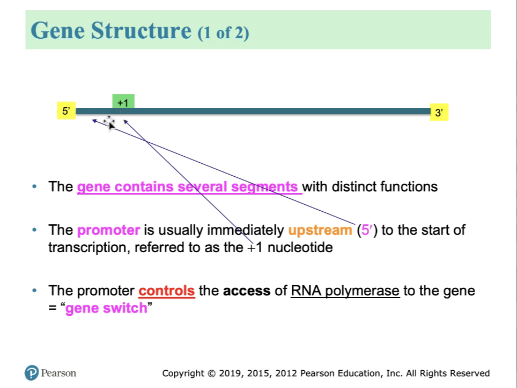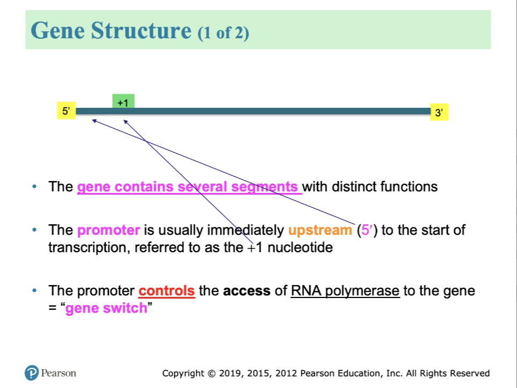The important thing is that the messenger RNA is made from a particular location on the gene. It's always made from the +1 nucleotide, even though nucleotides ahead of that, which are numbered minus in an increasing fashion, do exist within a gene. The messenger RNA always begins at +1 by convention.